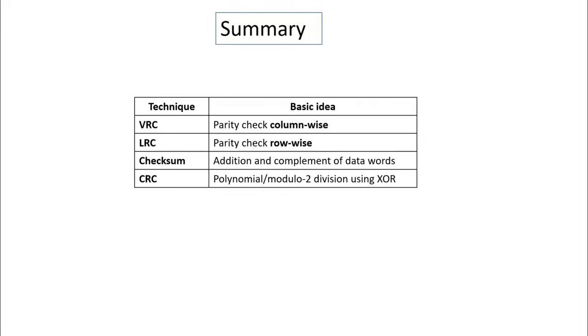So to summarize, VRC uses parity checks column wise. LRC does parity check row wise. Checksum is a simple technique where addition and complements of data words is done. CRC is a very powerful technique where we perform polynomial or modulo 2 division using XOR or a simple binary division.